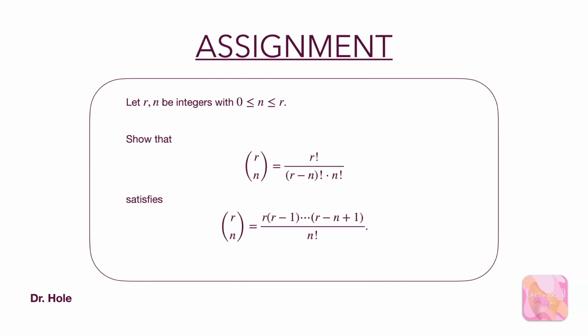Good. Now, if this notation is not familiar to you, you want to play around with it a little bit. And one thing to notice is that r choose n, by looking for a cancellation with the denominator, may be expressed out in this form.